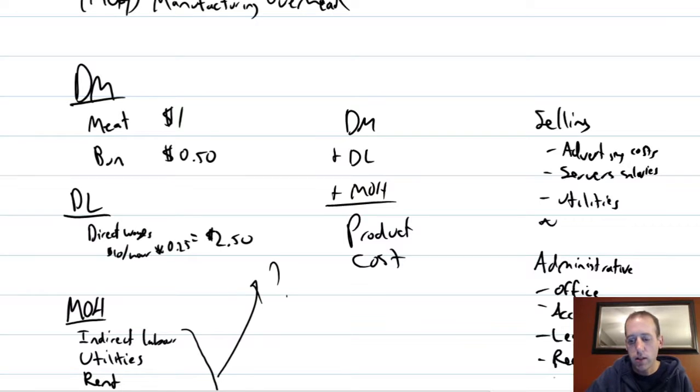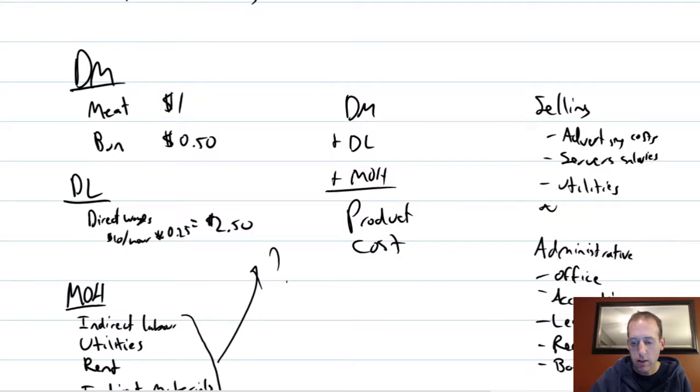The boss's salary and the CEO's salary. So all of those are administrative costs. Now, these costs do not go into the cost of the product.